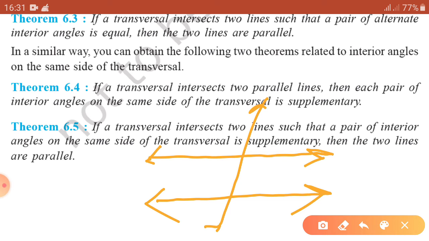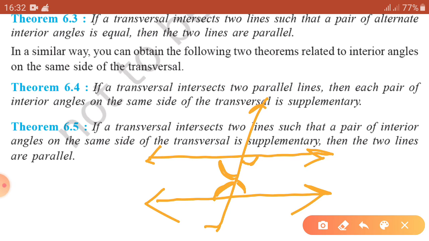If I talk about alternate interior angles, that means this angle is equal to this angle, and this angle is equal to this angle.